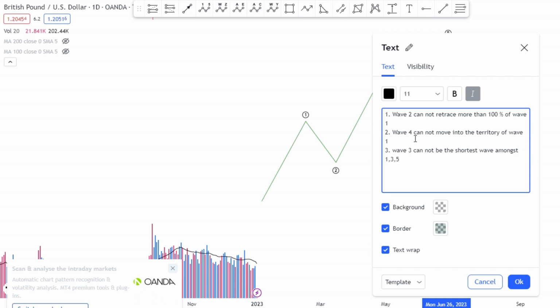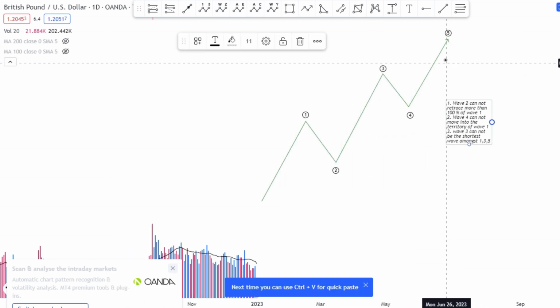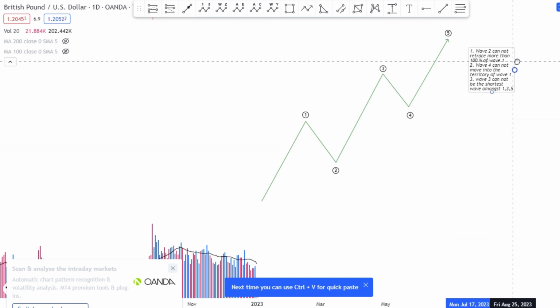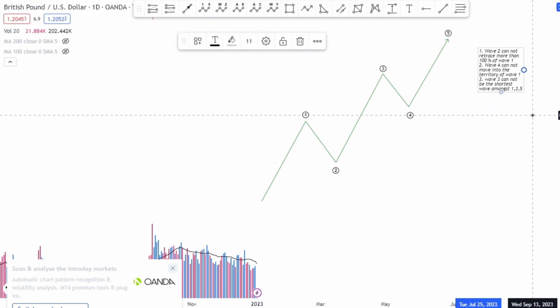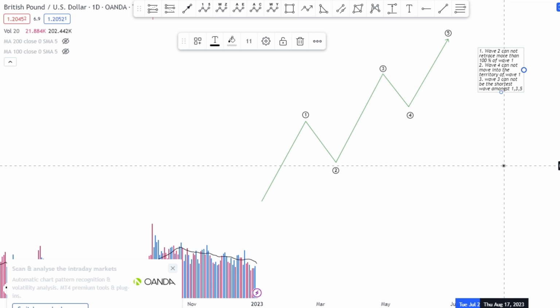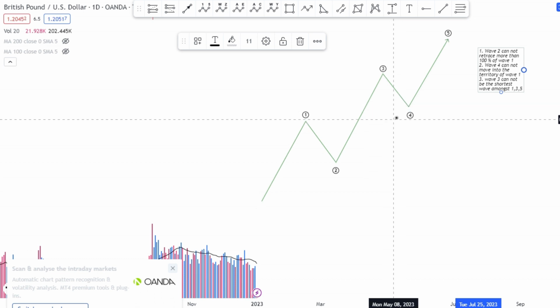Why wave 1, 3 and 5? Because wave 1 is an impulsive wave, wave 3 is an impulsive wave, and wave 5 also is an impulsive wave. So these are the rules. Wave 2 cannot retrace more than 100% of wave 1, wave 4 cannot move into the territory of wave 1, and wave 3 cannot be the shortest wave amongst wave 1, 3 and 5.